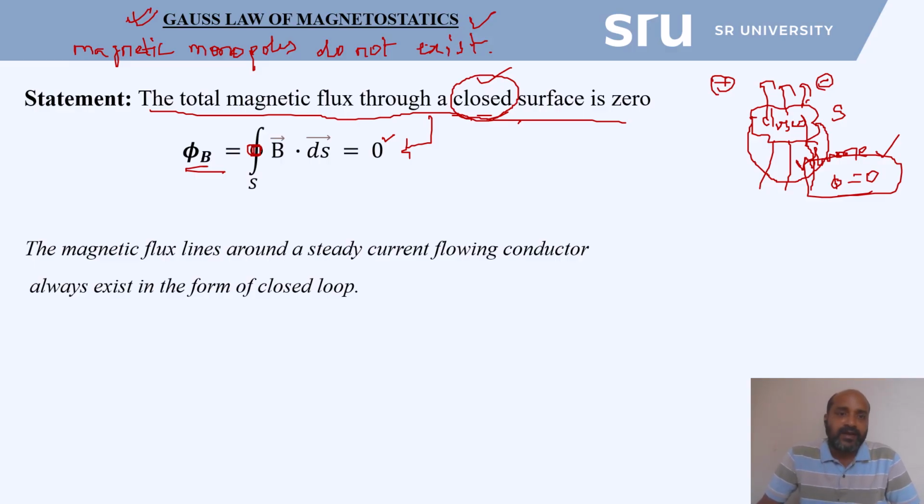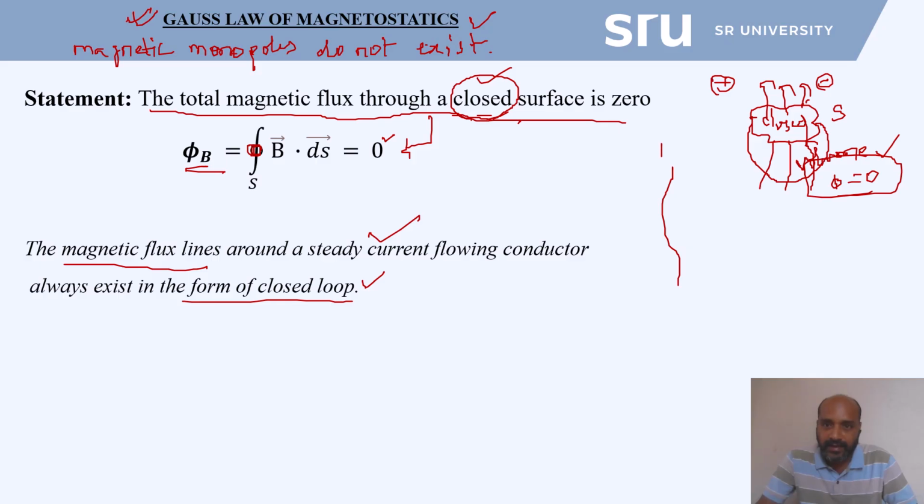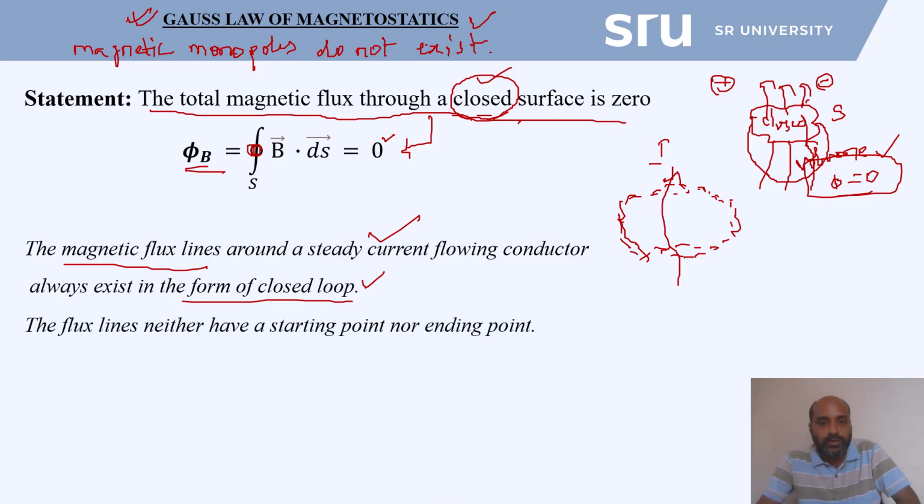If the magnetic field is produced by a steady current through a conductor, we already said that the magnetic field lines will be in the form of closed loops, right? Let this be a conductor carrying current I, and due to that conductor the magnetic field will be produced in closed loops.